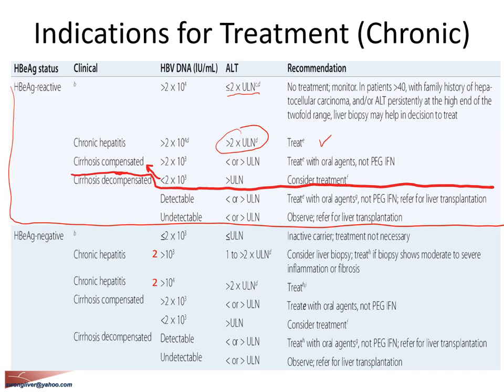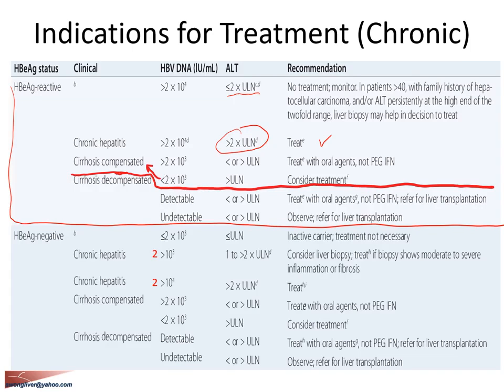Now, another principle that you have to remember is that the treatment is needed more for patients with more severe liver disease. A patient with cirrhosis is different from a patient with just chronic hepatitis.